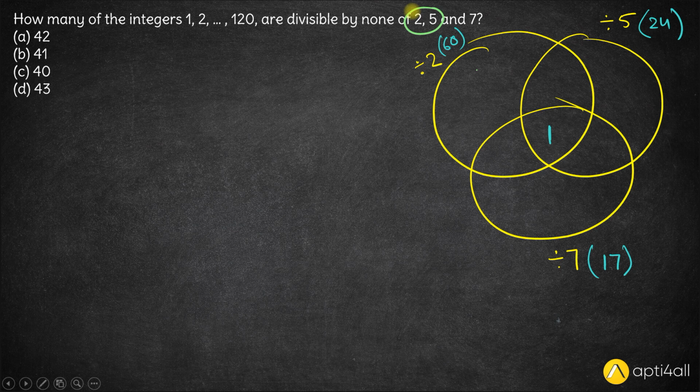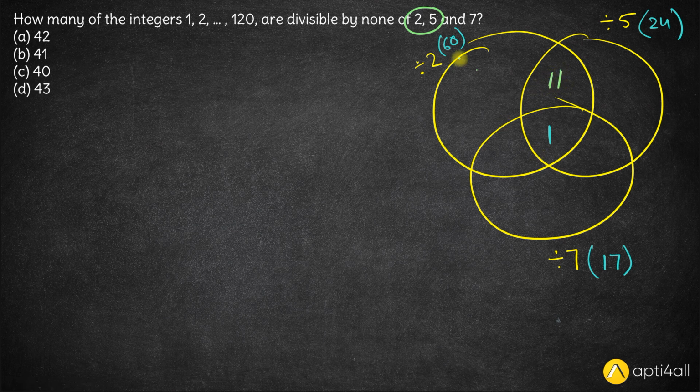The numbers divisible by both 2 and 5 will also be divisible by the LCM of 2 and 5, which is 10. So 120 by 10 is 12. There are 12 numbers divisible by both 2 and 5, and one of them is divisible by 7 as well, so 11 of them will be divisible by only 2 and 5.